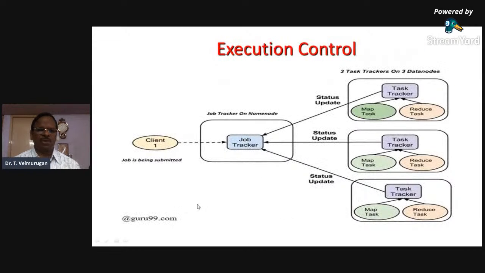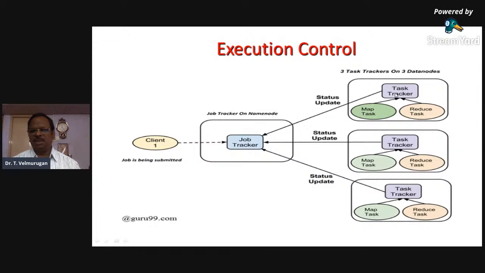The execution control of this system: a job is submitted by a client. Job tracker carries it to several task trackers. There are 3 task trackers and only one job tracker available. This job tracker contains only one name node, but the task trackers contain many data nodes.